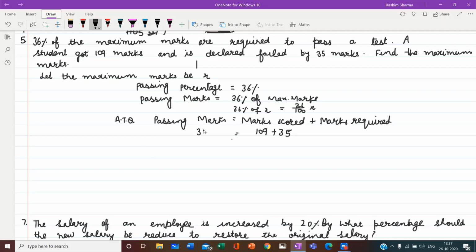So it means we can equate them. 36 on 100 x is equal to 109 plus 35, that is 144, and we can find x from here: 144 into 100 upon 36. Here 4 nines are 36, so we get here x is equal to 400. Therefore, maximum marks are 400.